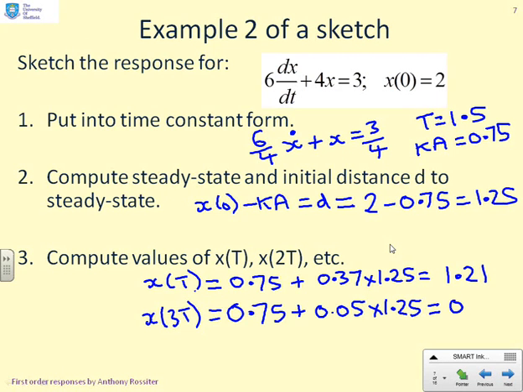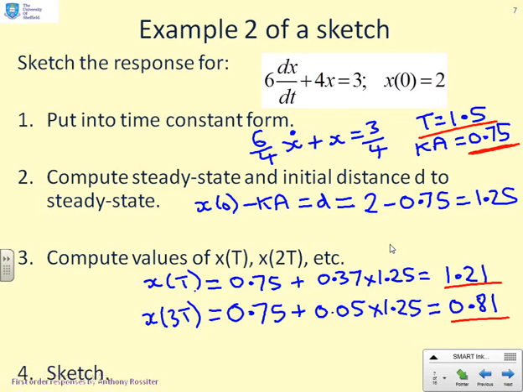So I'm just going to do this in my head and say you've got roughly 0.81. But you can check that yourself if you're not convinced. Okay, so now I've got the key values that I need. So if I mark these in red, just so that we notice what they are, we've got the steady state, there it is. We've got the time constant for marking the horizontal axis, we've got x of T, and we've got x of 3T.